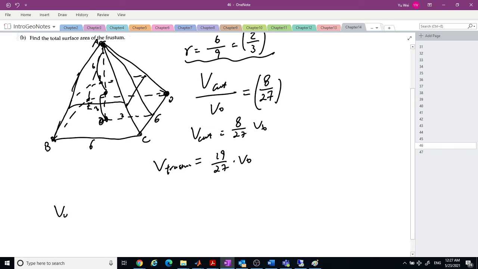So the V0 is equal to 6 times 6 times 9, so it's 36 times 9. So now let's solve here: 19 over 27 times 36 times 9, so it's 4 times 19, which is 76.